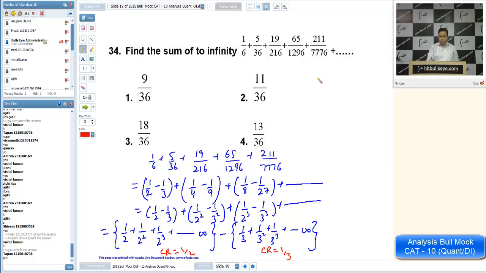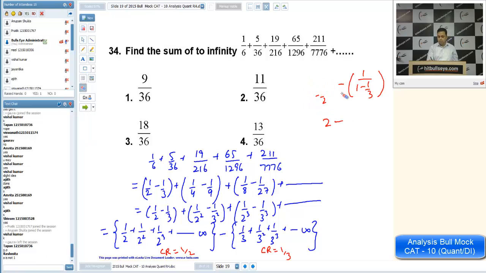So the result will be equal to A upon 1 minus R minus A upon 1 minus R. I have taken the first term as a wrong one, sorry.